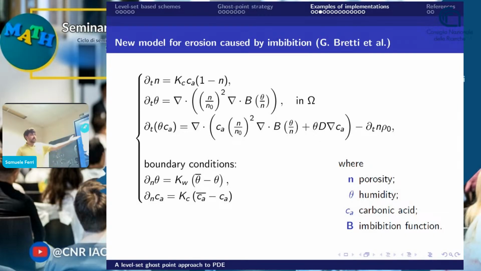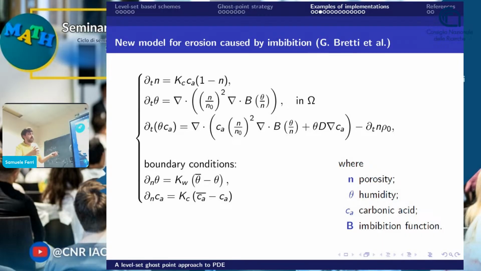And so the system is composed of three equations. The first one is the equation that describes the evolution of the porosity. The second is a non-linear equation that describes the evolution of the humidity inside the stone, and the third one is the evolution of the chemical reaction of the carbonic acid inside the stone.